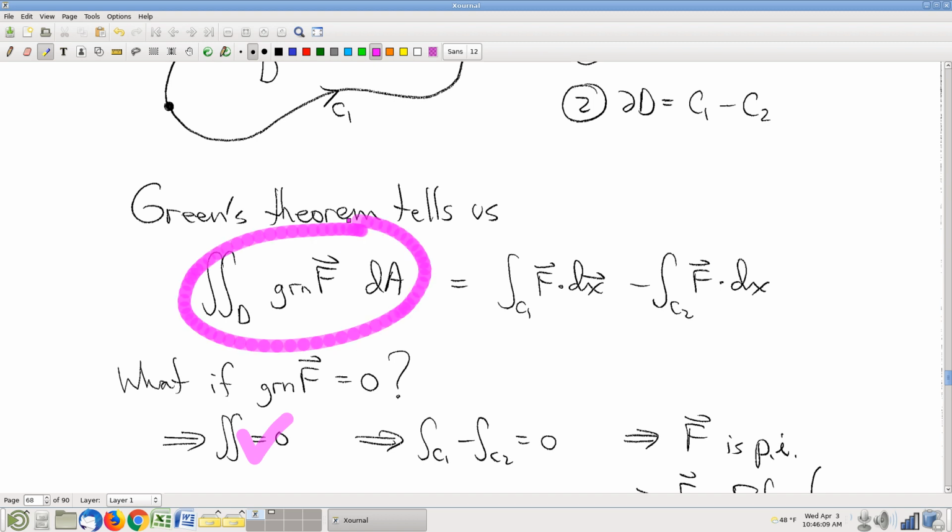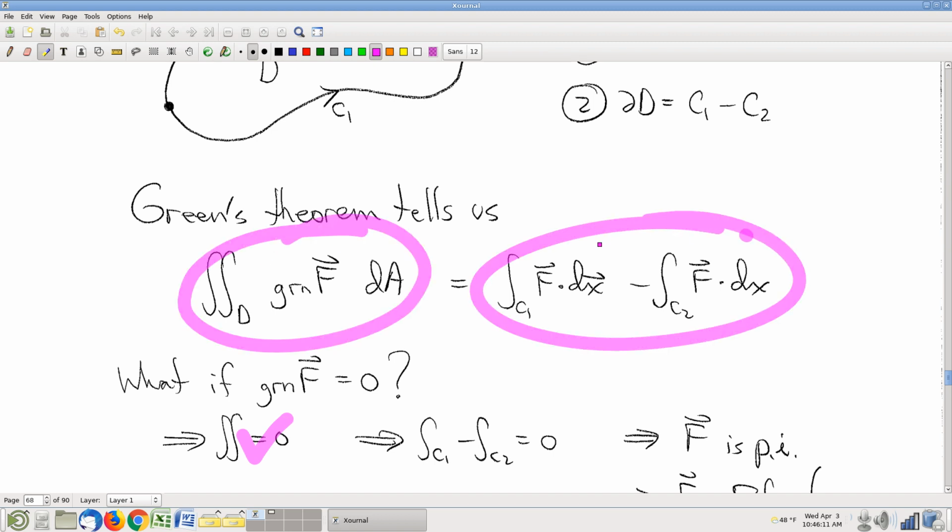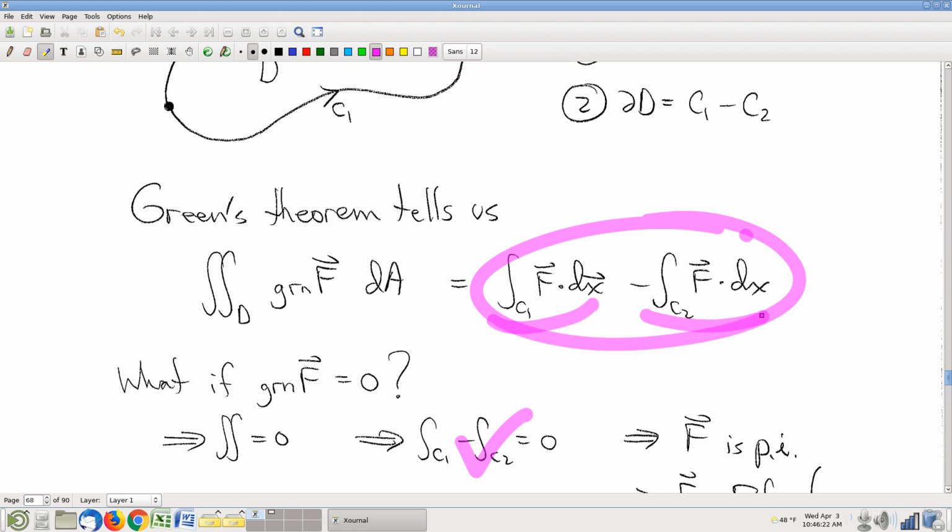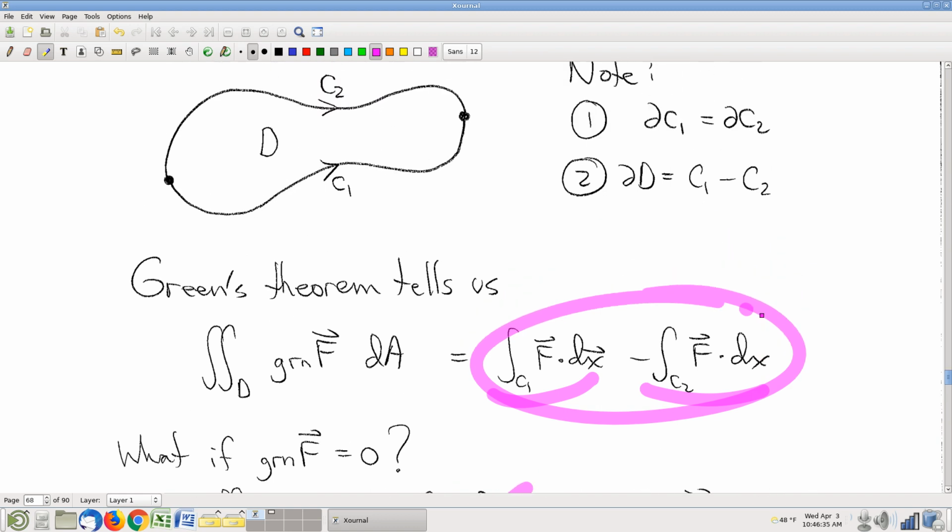Well, if this is 0, that means the difference on the other side of the equation is 0. Wait a second. If a difference is 0, that means the two separate line integrals making up the difference must be the same. These two line integrals of f along curves C1 and C2 that start and end at the same point are the same.